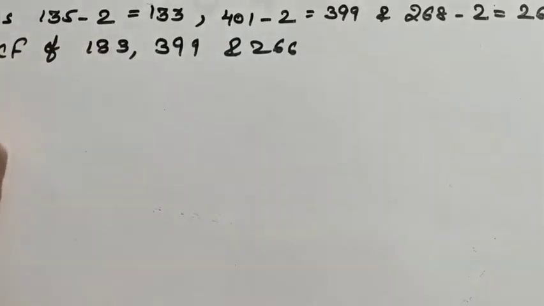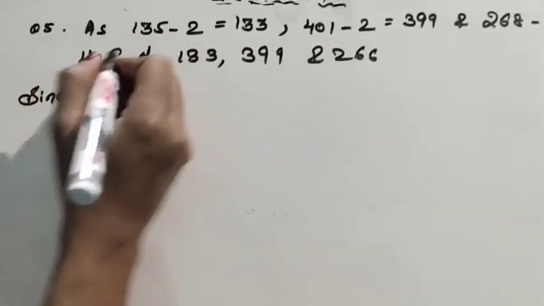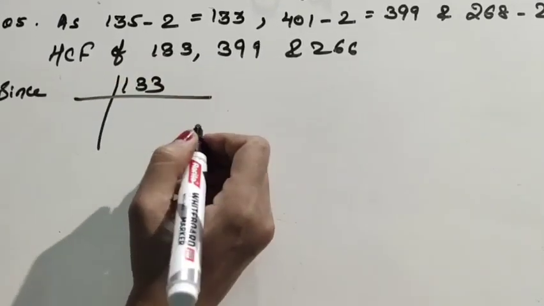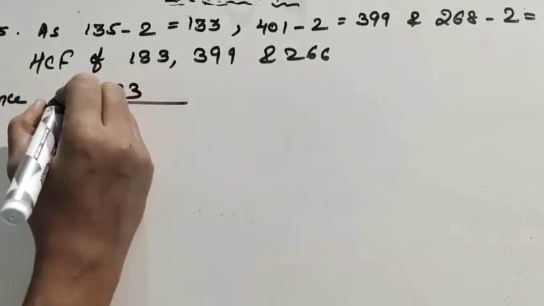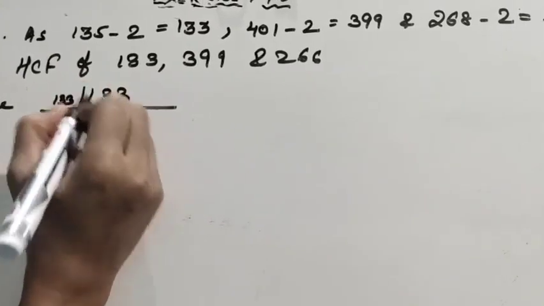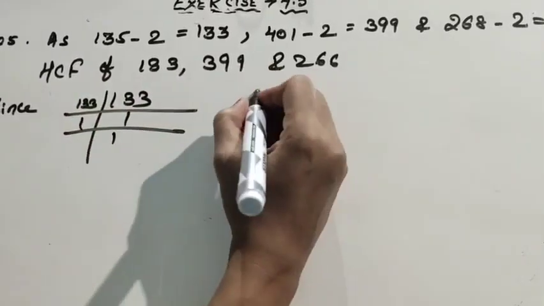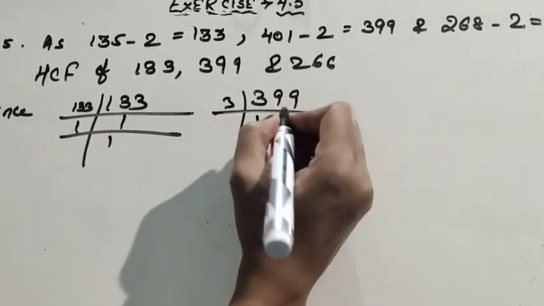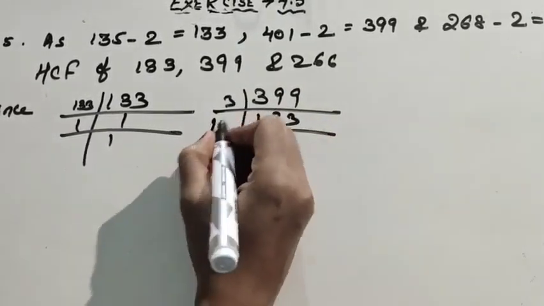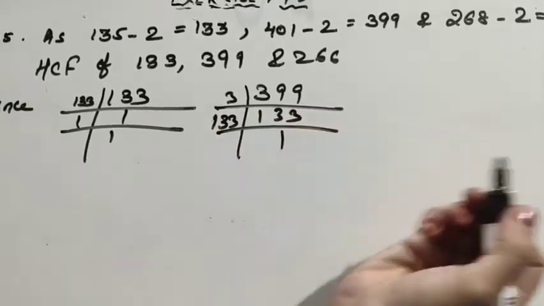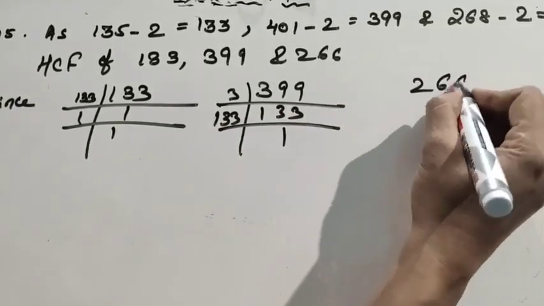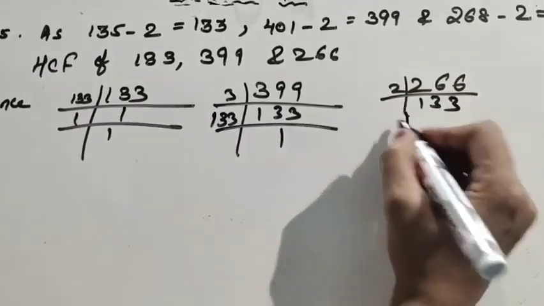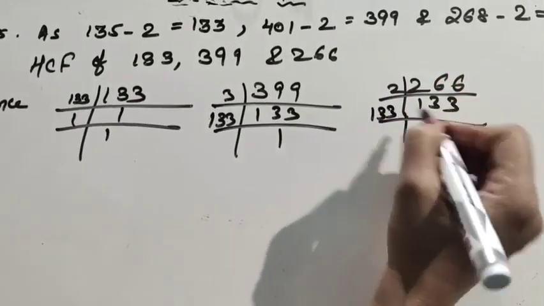Now we will go with the prime factorization method. 133 will divide with 133 only. 399 divided by 3, 3 1 is 3, 3 3 is 9, 3 3 is 9. Again 133 divided by 133 one time. Now 266 divided by 2 table, 2 1 is 2, 2 3 is 6, 2 3 is 6. Now 133 divided by the same digit.